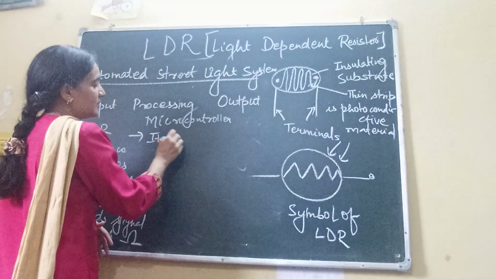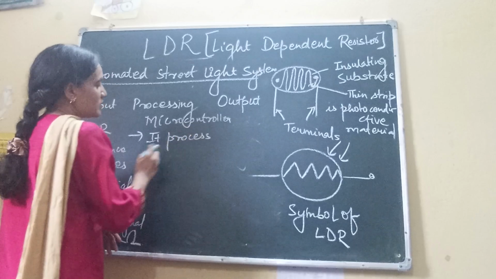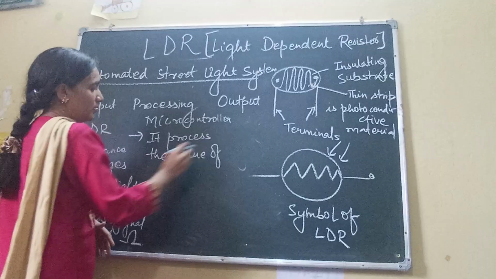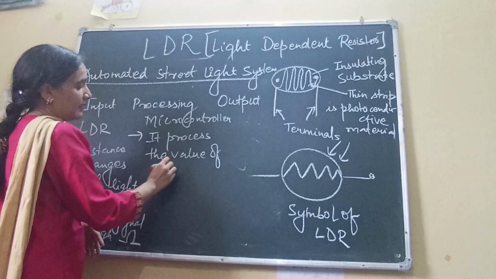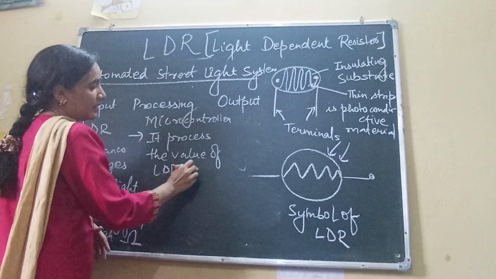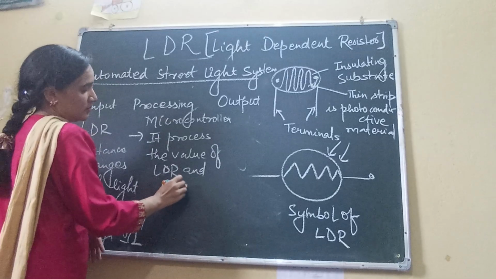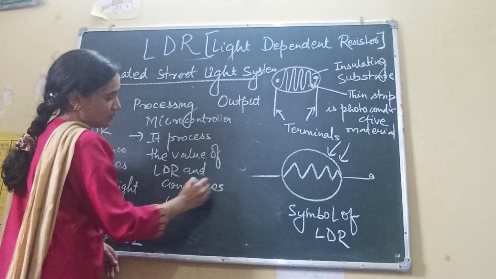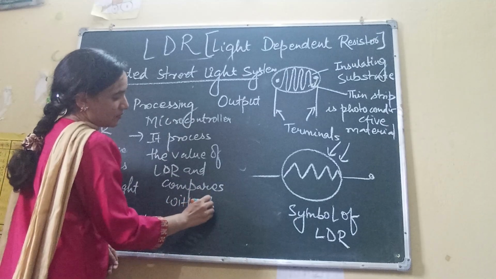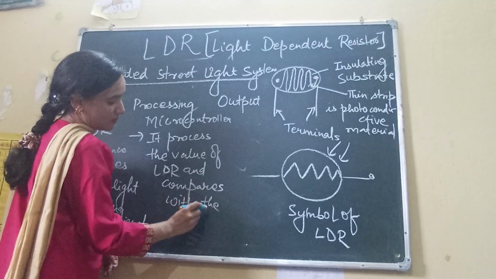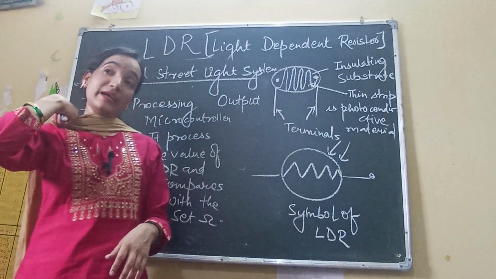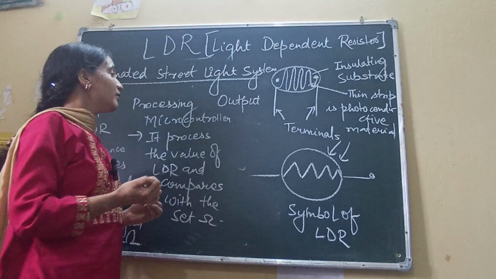It processes the value of LDR and compares it with the set resistance. And when it is higher than the set resistance, what happens?